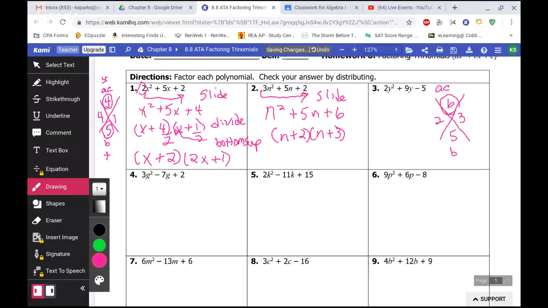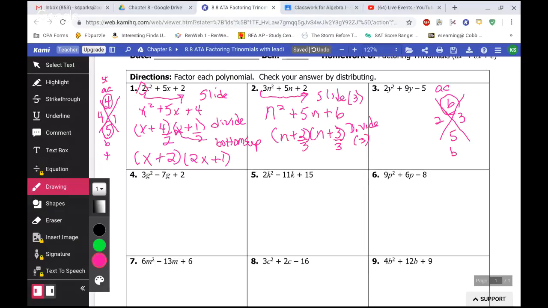So now I'm going to divide this by 3 and this by 3, because that's what I multiplied by when I slid. You divide by whatever you multiplied when you slid.